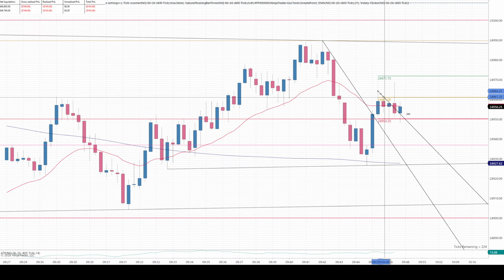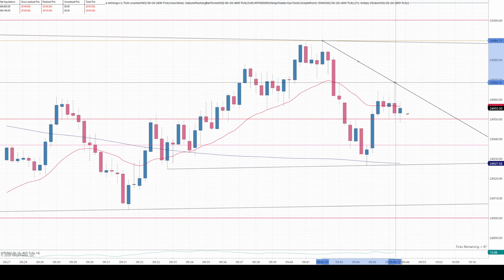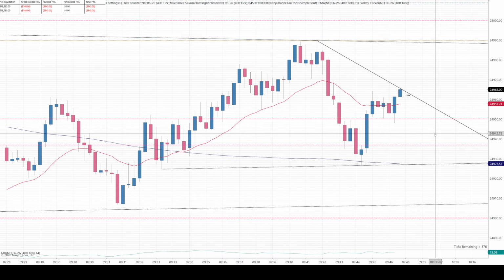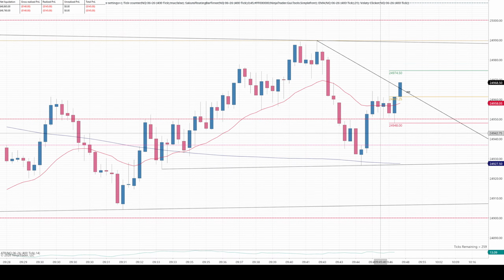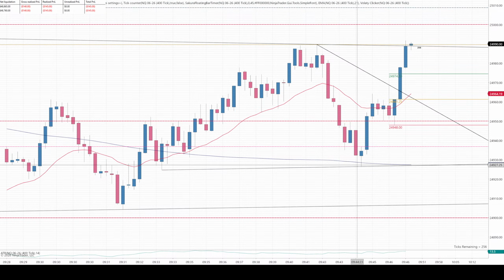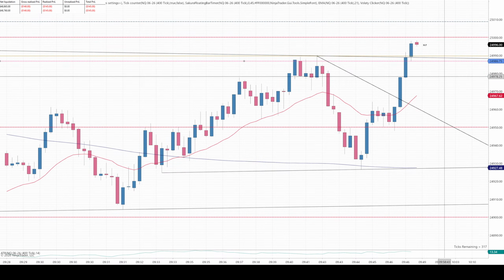That's very volatile, wow. And unfortunately, that was the move I was looking for when I was trying to get it here. Happens. It happens.